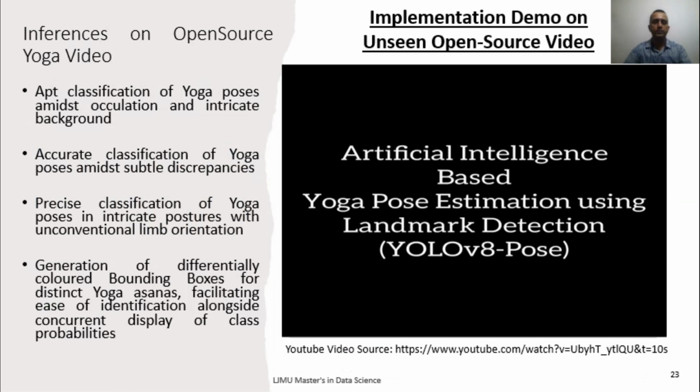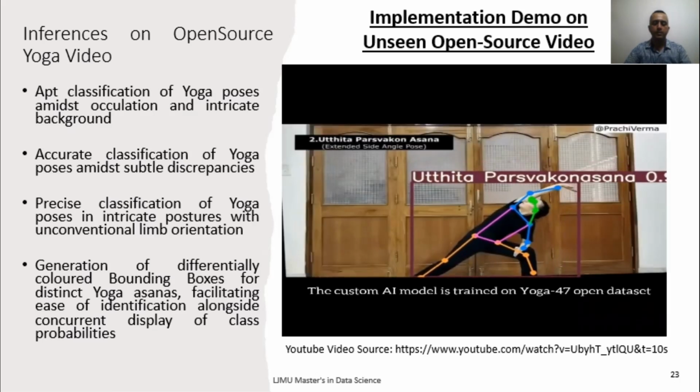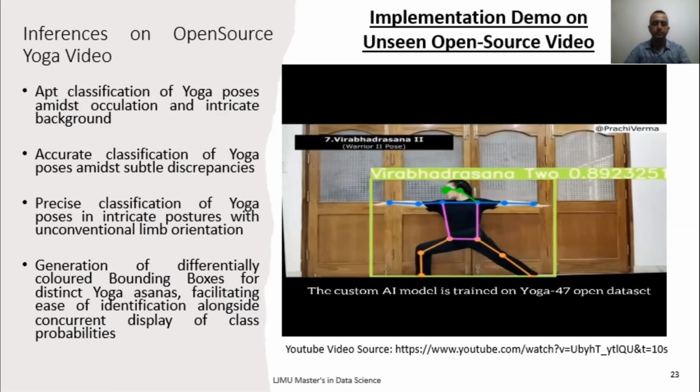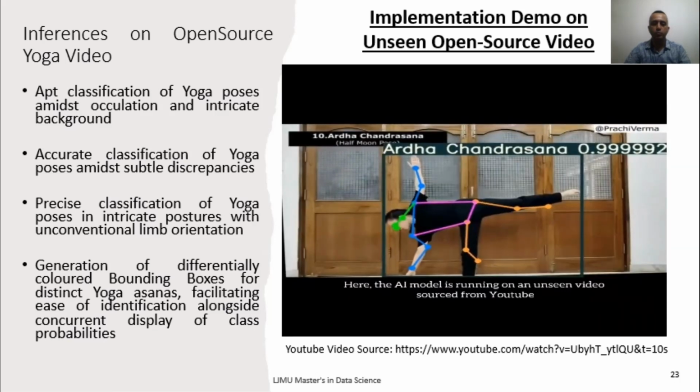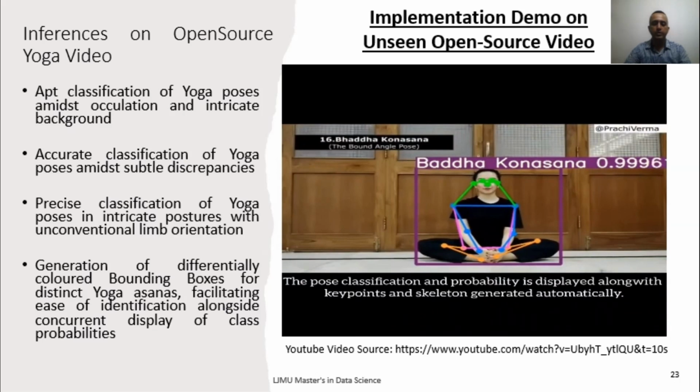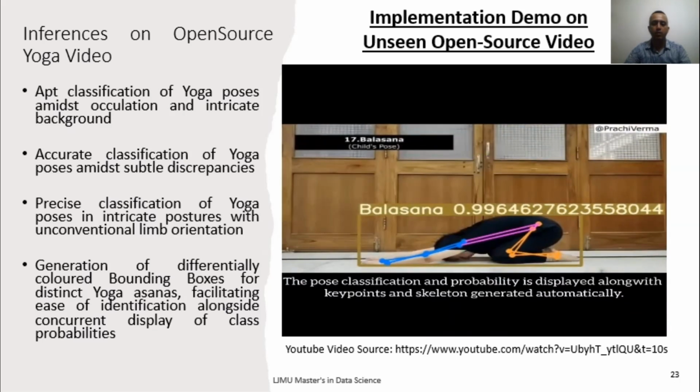I will now showcase the demo of the implementation of the developed model on an unseen open source video. The custom AI model is trained on the Yoga 47 open dataset. Here, the AI model is running on an unseen video which has been sourced from YouTube. The pose classification and probability is displayed along with key points, and the skeleton is generated automatically.